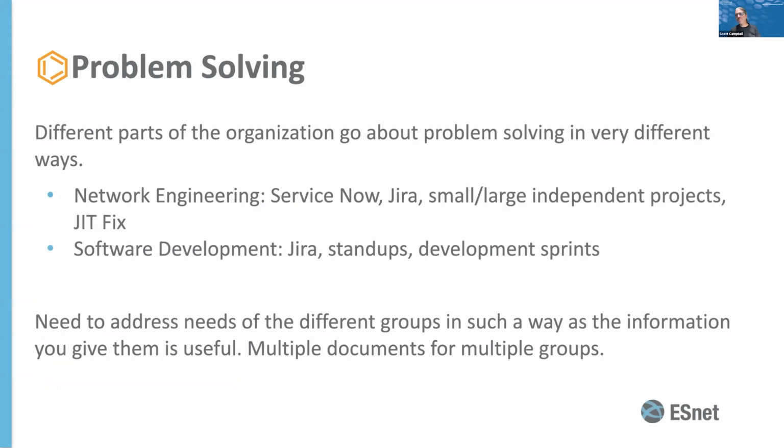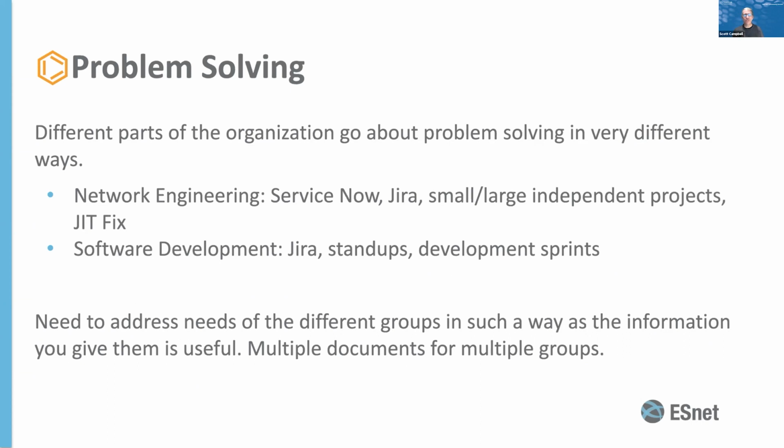One of the most interesting things is exploring how the different groups go about problem solving. When your project involves a lot of work from the software development side and a lot of work from the network engineering side, you may, in attempting to develop one document to share with both of them, realize that both groups have extraordinarily different ways of looking at problems, solving problems, even communicating about problems.